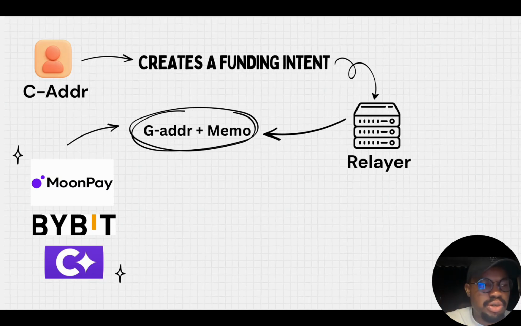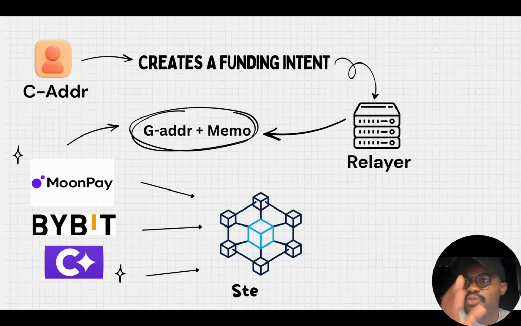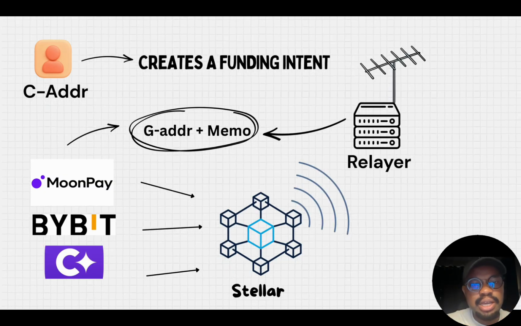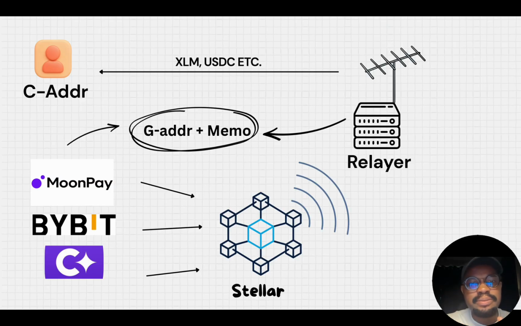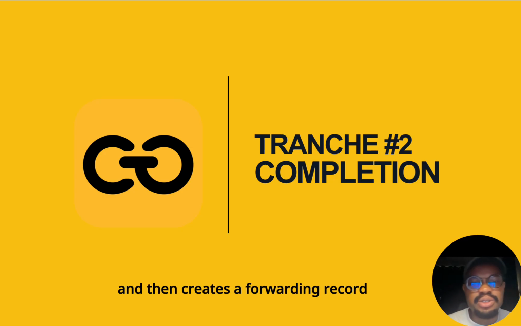The on-ramps then go ahead and use this G address and the memo and deposit funds into that address. Then the relayer watches that pool account for any deposit. Once the deposit is there, it reads the memo, checks the intent table, verifies that the intent is valid and unexpired, and then creates a forwarding record.